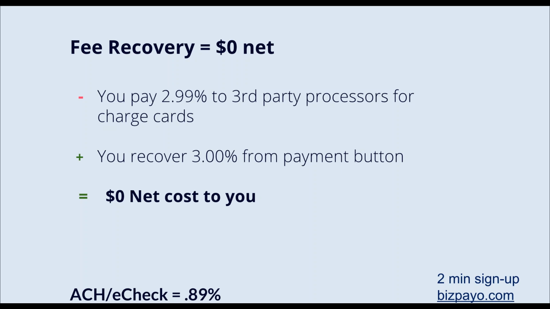So it accepts all of the credit cards, and it's a fixed 2.99%. You would then recover, ideally 3% from your payment button. You set that payment button to be 3%, and then you're getting paid at $0 net cost to you, and that's sort of how that works. That's how you can use the system to get paid electronically and to recover all of the charge card fees.